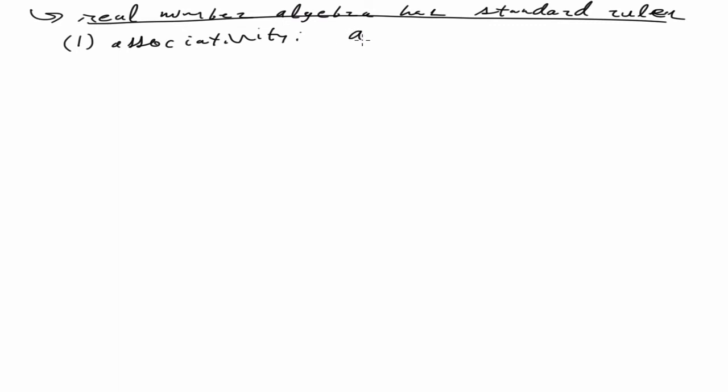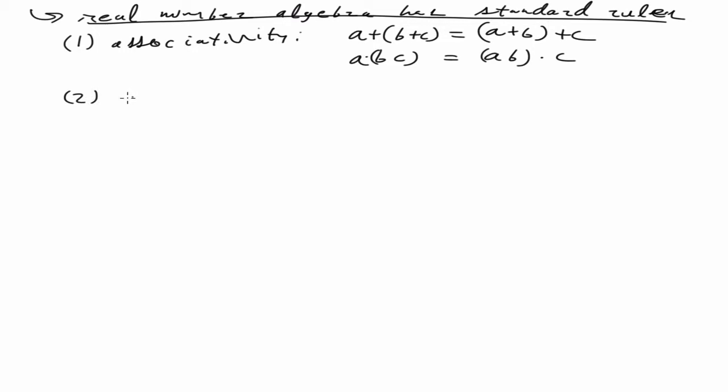So we know that (a plus b) plus c is equal to a plus (b plus c). Okay, and likewise for multiplication, a times b times c is the same thing as ab times c. Okay, so that's associativity. And 2, we also have commutativity. Commutativity is simply the idea that a plus b is equal to b plus a, that order doesn't matter, and also ab is equal to ba. Right, and finally distributivity, that's how the two operations interact.